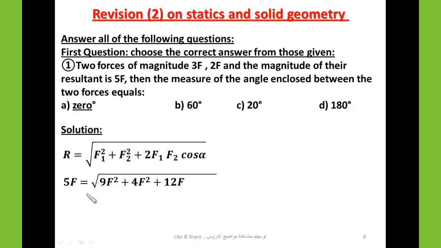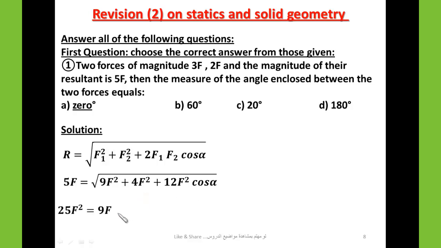And by substituting, we have R equals 5F and F1 is 3F, so F1 power 2 is 9F square, F2 square is 4F square, plus 2 multiply 3F multiply 2F, which equals 12F power 2 cosine alpha.